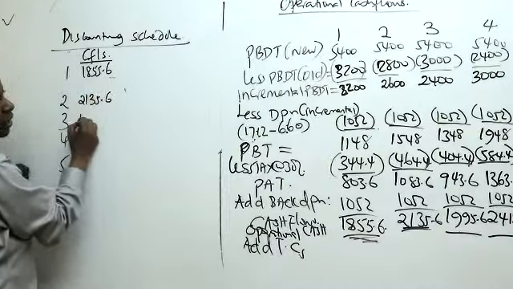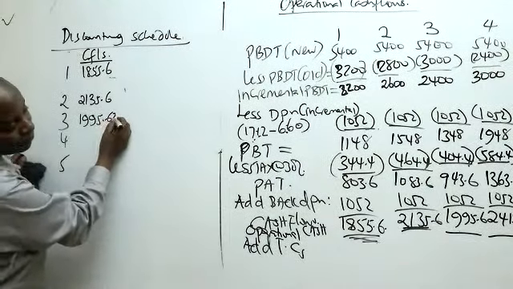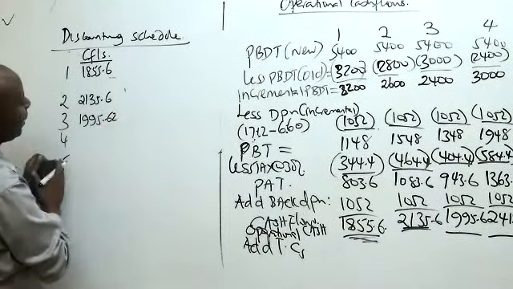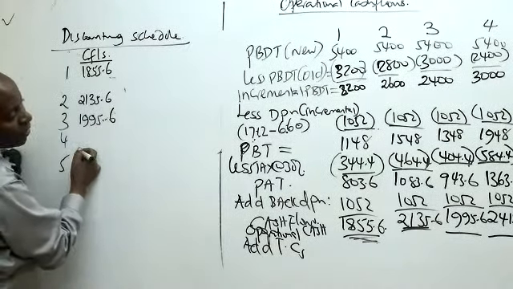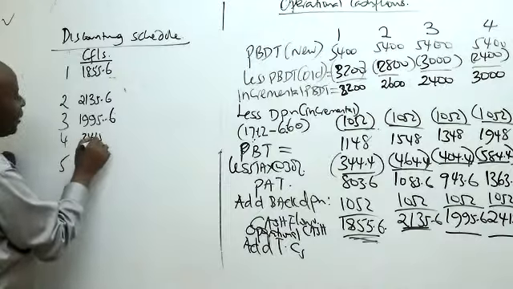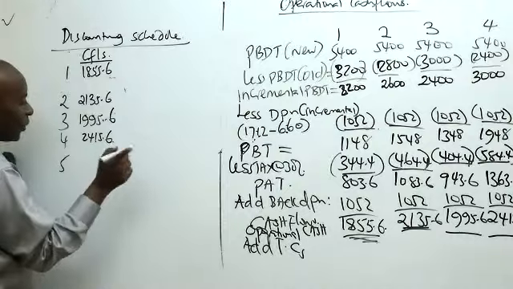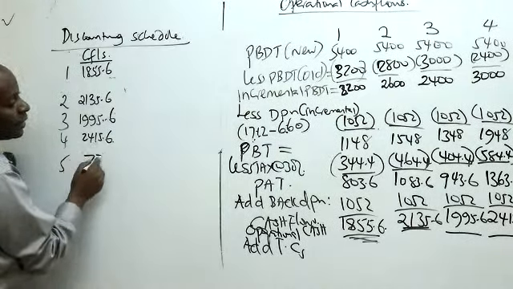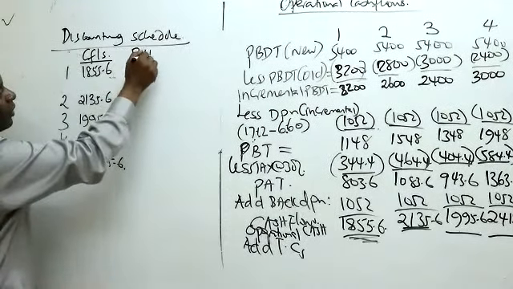Year 3, we have 1995.6. Then year 4, we have 2415.6. Year 5, you have to be careful, work with that total, 7795.6. So create a column for PV.